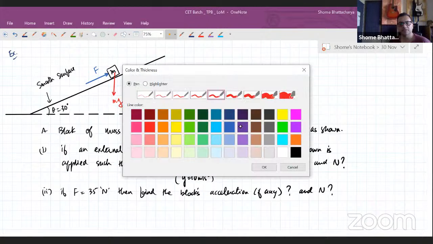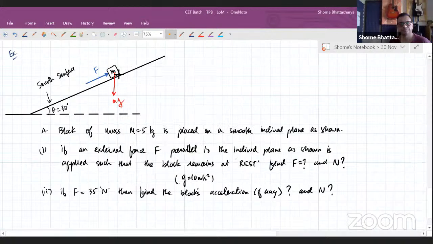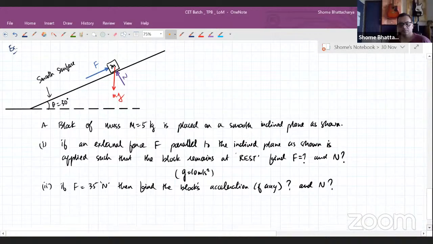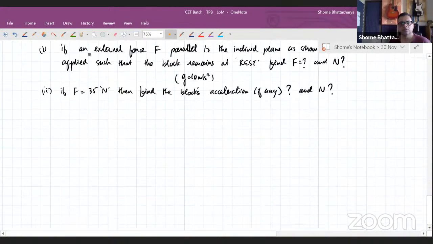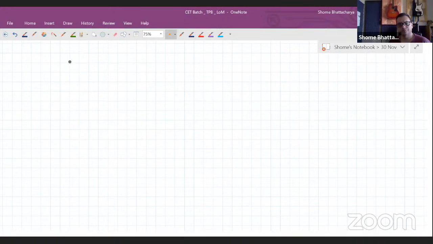And there will be a normal reaction, which will be acting like this, in the direction perpendicular to the inclined plane. Okay. So when we make the free body diagram, we have to take those forces into account.